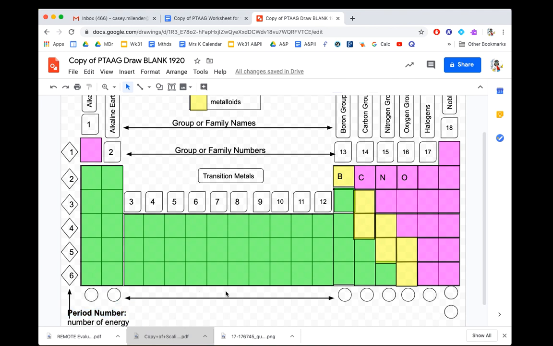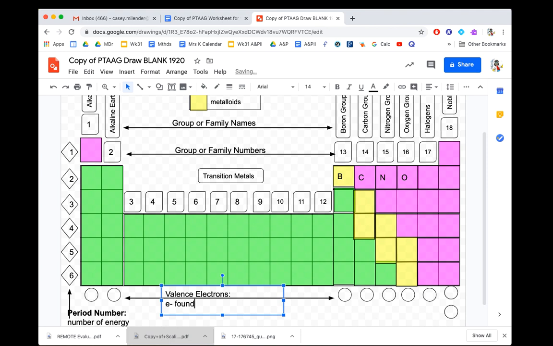Then down here, for these last empty shapes, what we're going to be looking at here are what are called valence electrons. I'll move that up just a little bit. All right, so valence electrons, and I'm just going to shorten electrons by writing an E with a negative sign.